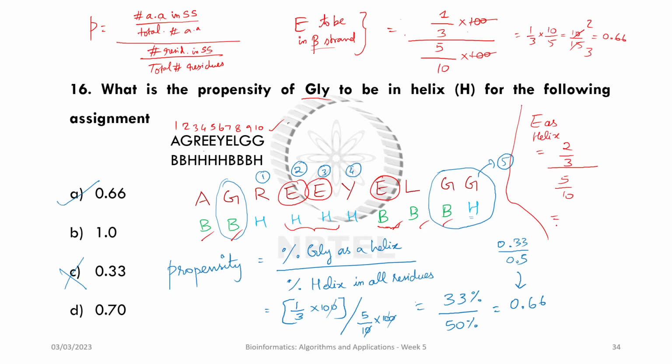So what's the answer for this? 20 by 15, which is a positive value, right? 1.33, which holds true because there are so many E's, two E's that are in helix. So you have a value greater than 1.